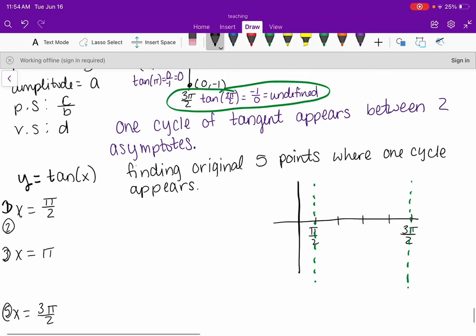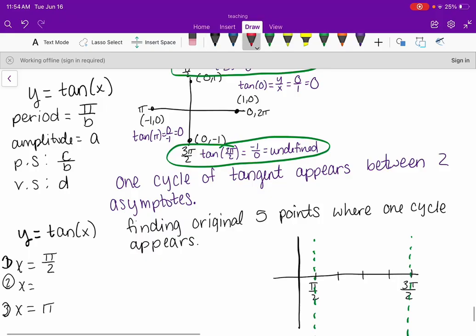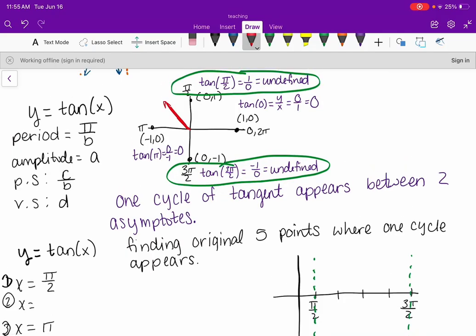Now I want to think about what is directly between pi over 2 and pi. So that's right here. What is this value directly between pi over 2 and pi? In degrees, I'm asking you what's directly between 90 and 180. In degrees, it would be 135 degrees. In radians, that point is the point 3 pi over 4.